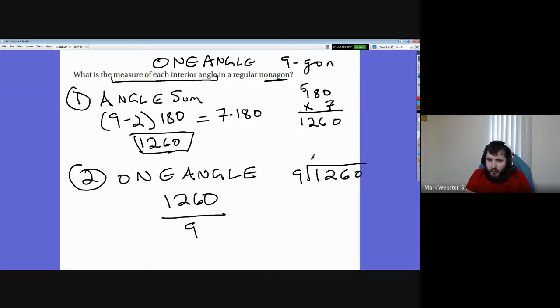Nine does not go into 1, but it does go into 12 once. Drop down that 6. 9 goes into 36 4 times. Drop down the 0. Goes in 0 times. And I'm done. Right? So my answer for one angle is 140 degrees.